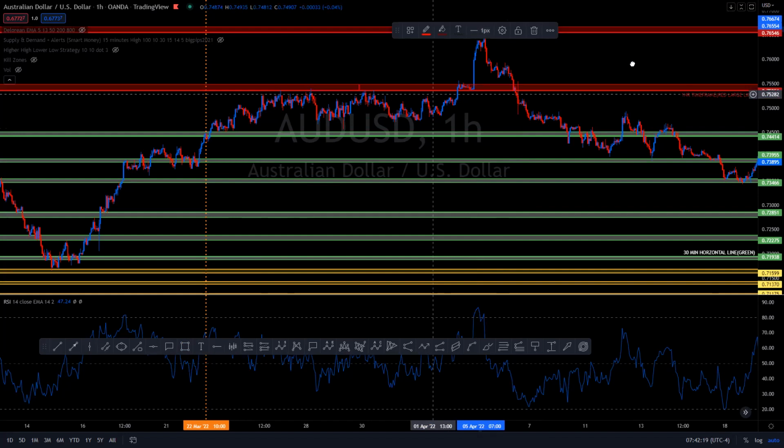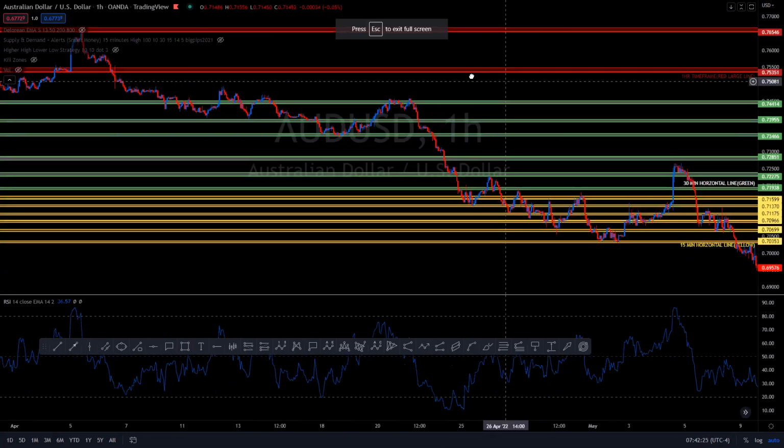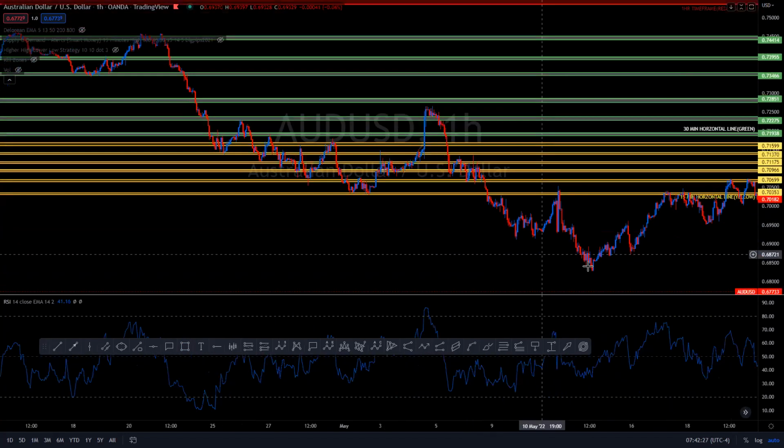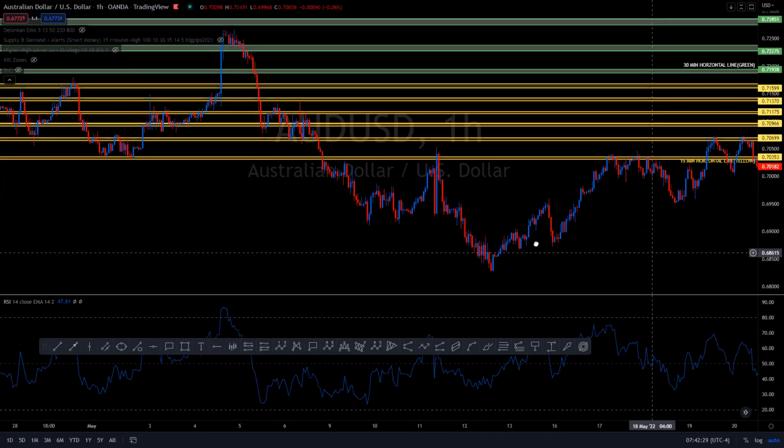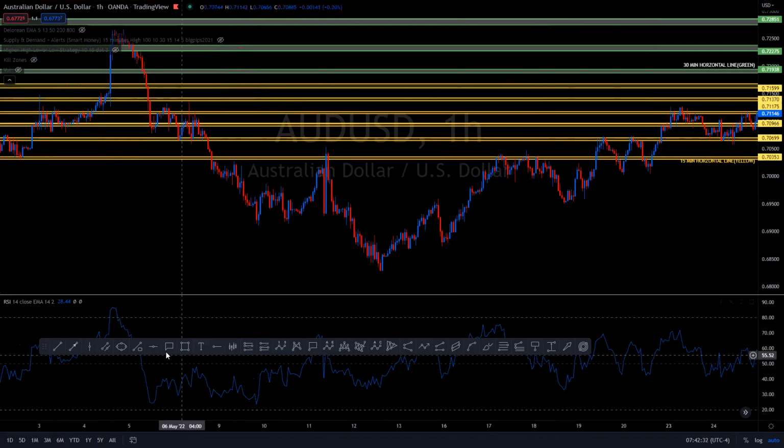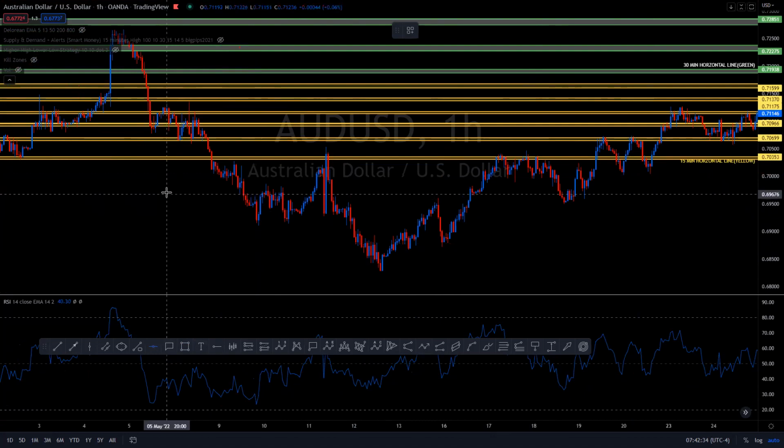So we marked up this area. Now what we'll do is we'll mark up these areas and then move on to the 4 hour.